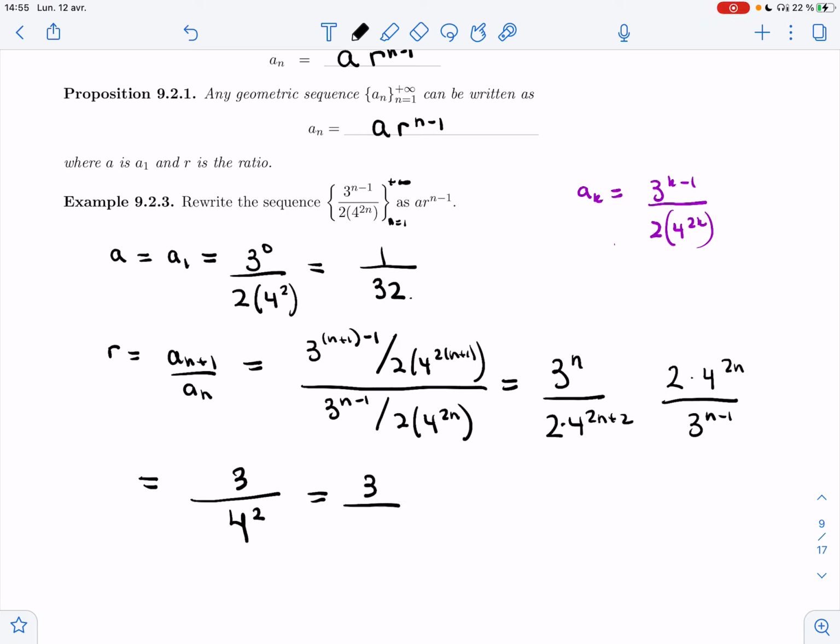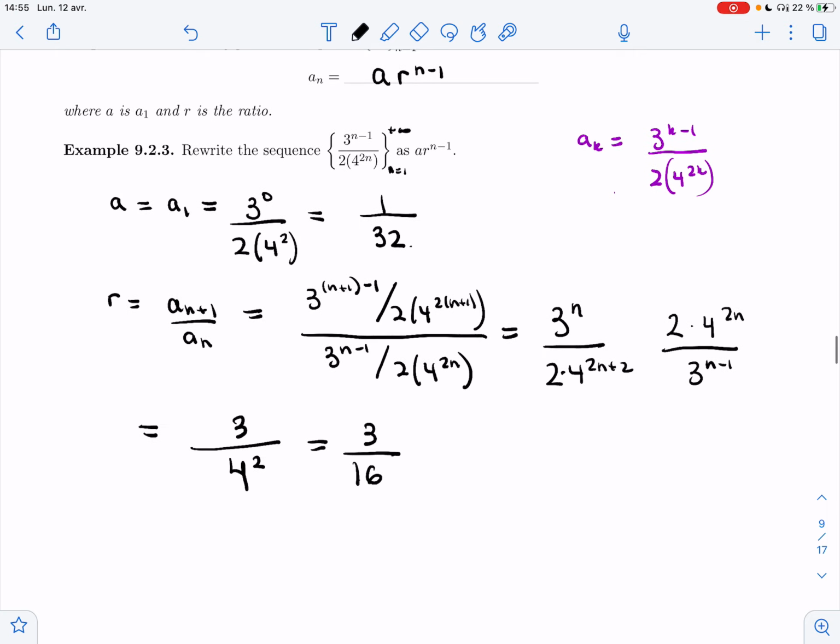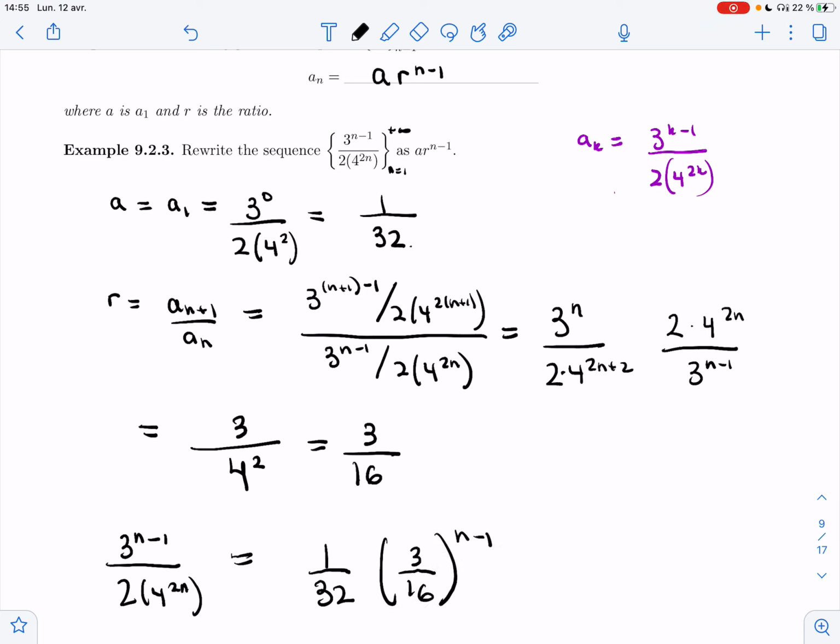You'll get the same thing. You'll get 3 over 16. All right, so that means 3^(n-1) over 2 times 4^(2n) equals a r to the n minus 1.